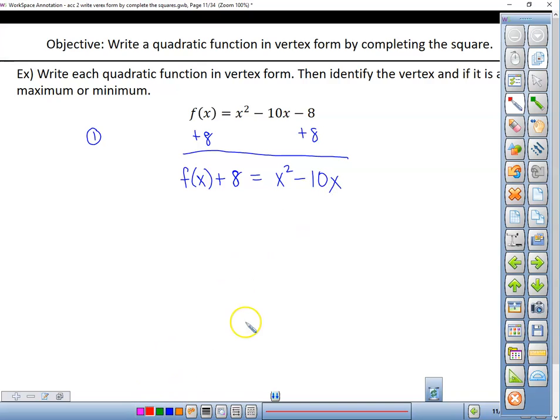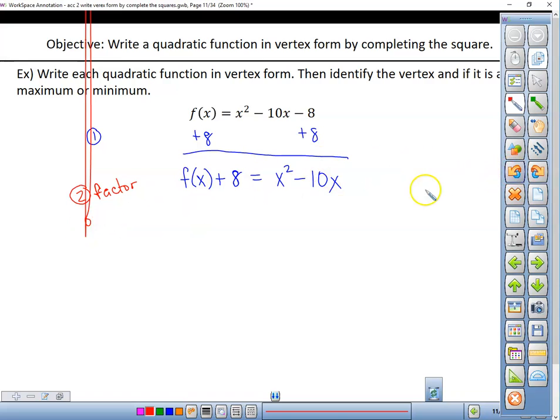So like I was saying, our second step is to factor out a when it's not positive 1. Here it is positive 1, so you really don't have to do that. But if you want to keep all of your steps the same, then go ahead and factor out a 1.